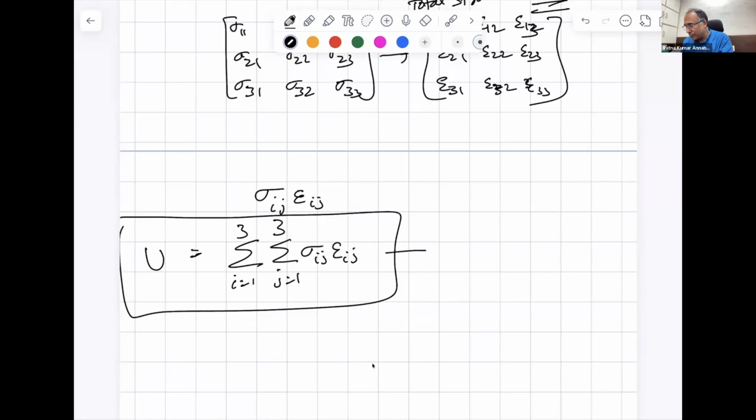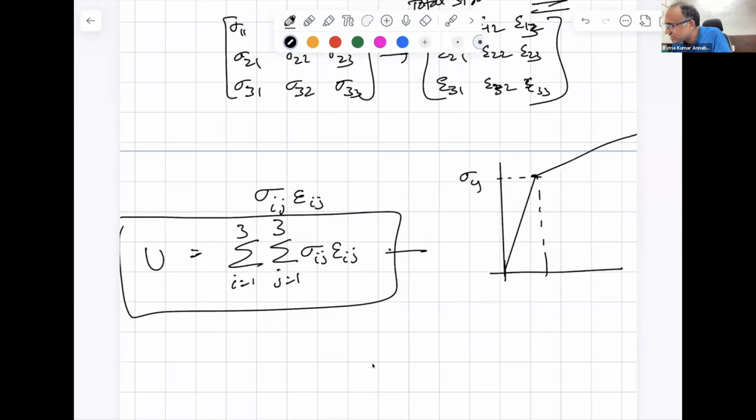Then if you are doing a uniaxial tension test, it will look like this. Let us say this is my yield strength of the material, and I am not interested in the plastic deformation. This is epsilon y. The strain energy at yielding is 1/2 sigma y times epsilon y. Do you agree?